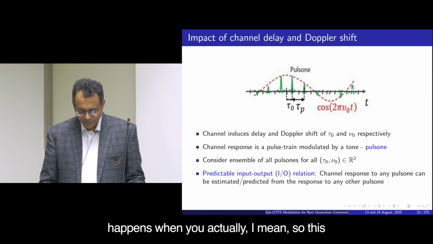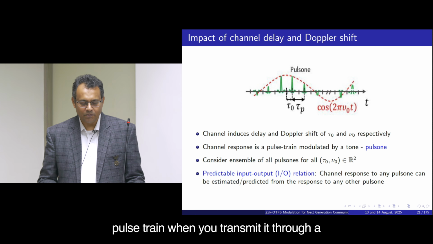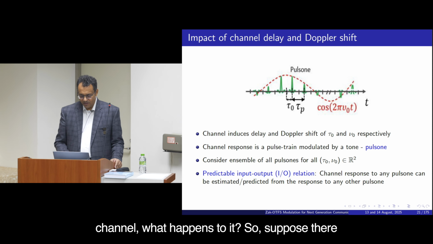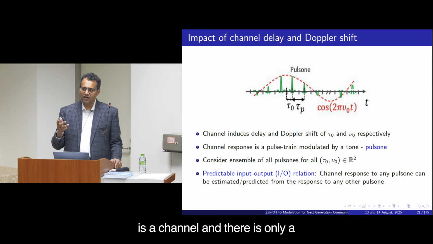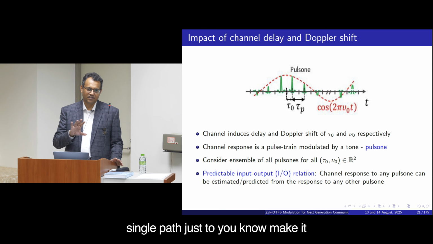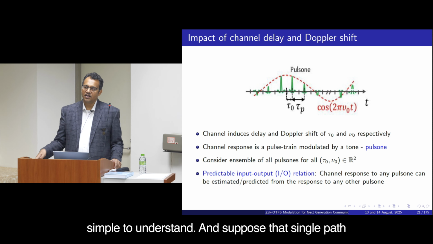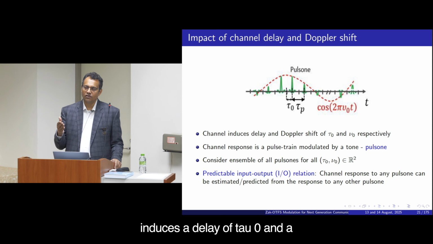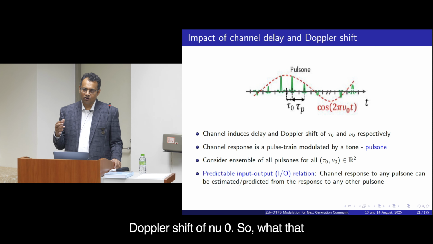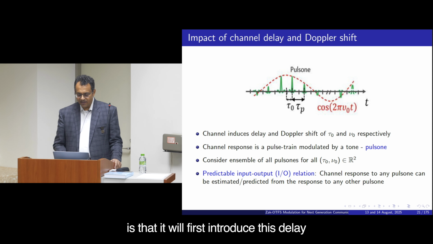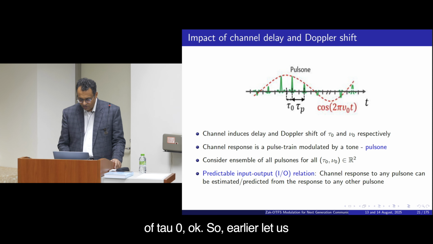Now what happens when you transmit this pulse train through a channel? Suppose there is only a single path, just to make it simple to understand, and suppose that single path induces a delay of tau 0 and a Doppler shift of nu 0. What that will do to my pulse train in time is that it will first introduce this delay of tau 0.